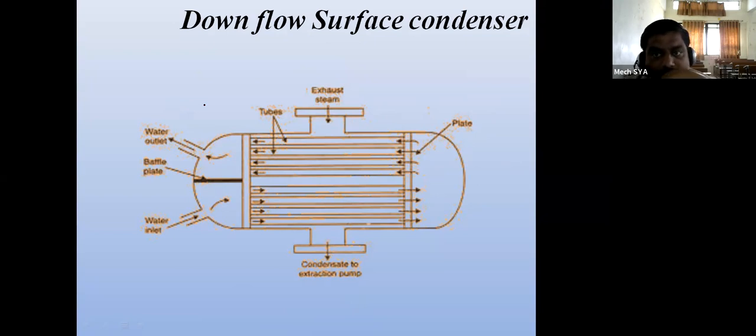If it is a high level jet condenser, the tailpipe height is increased to 10.36 meters, and then the pressure becomes more than atmospheric, and the condensate can be driven naturally to the hot well. If there is less height, in a low level jet condenser, a condensate extraction pump is required.